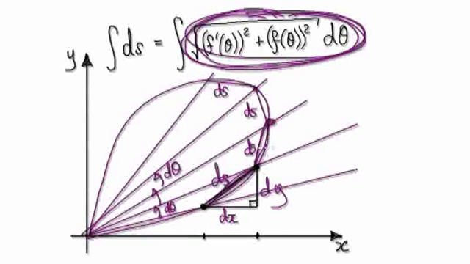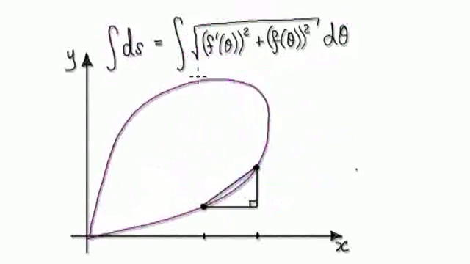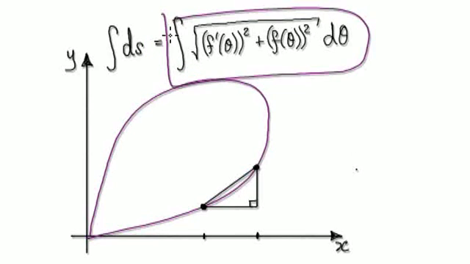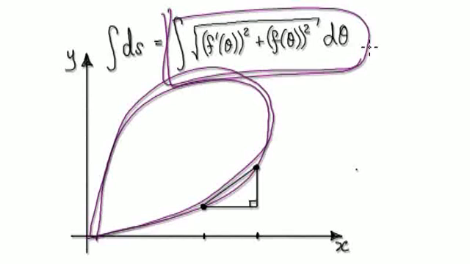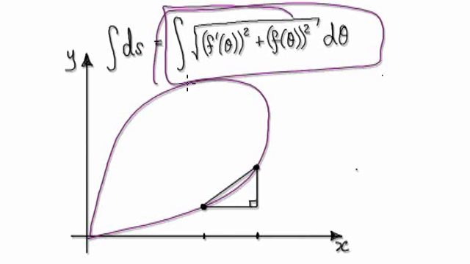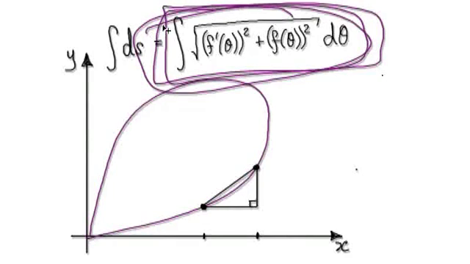So basically you're summing up all the ds's here. The actual path from one angle to another angle is given by this. So we're going to make use of this. The whole arc length, the path along here, is given by this. It's just a matter of using this formula.